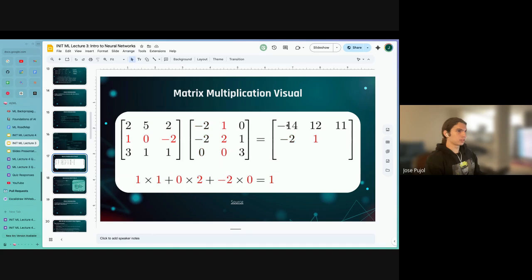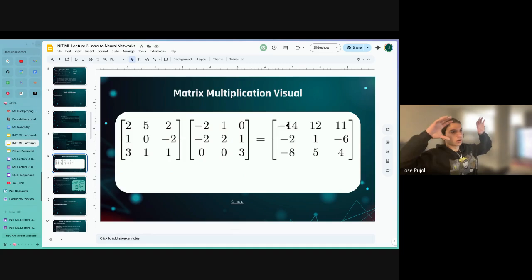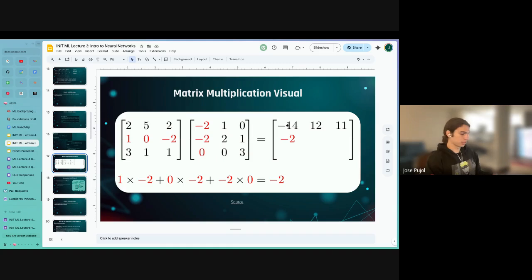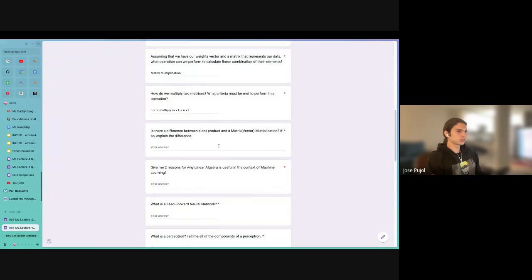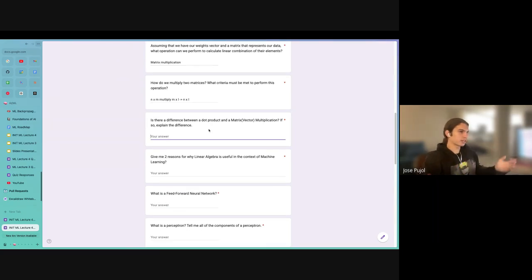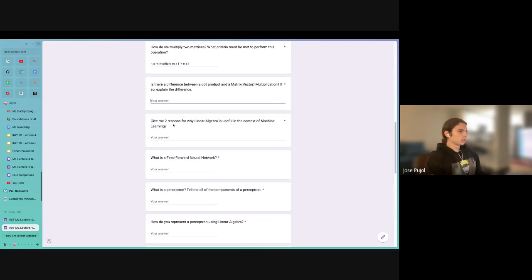A matrix multiplication is expanding that and doing it over a wider collection than just two vectors, which you could argue is a collection of vectors. Does this make sense? So there is a slight difference. You could argue a matrix multiplication is just an expanded version of the dot product.